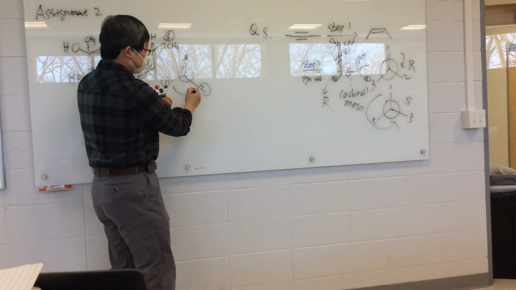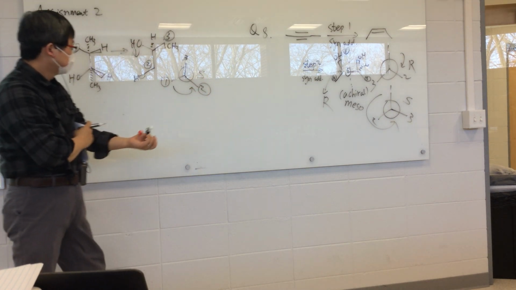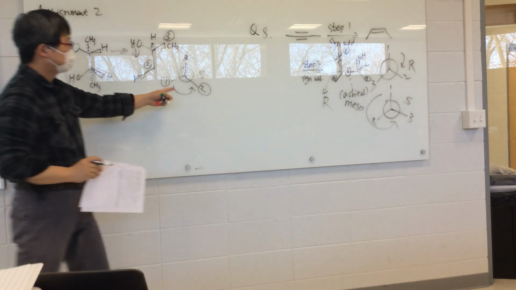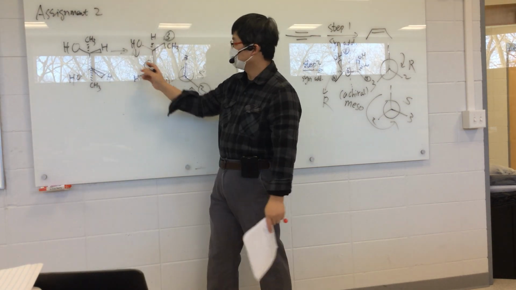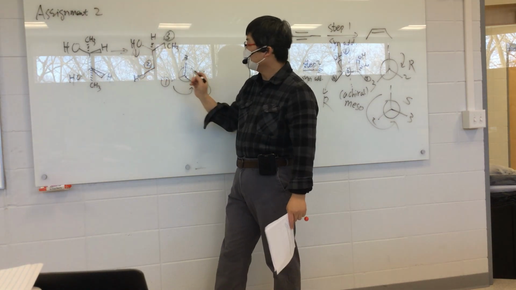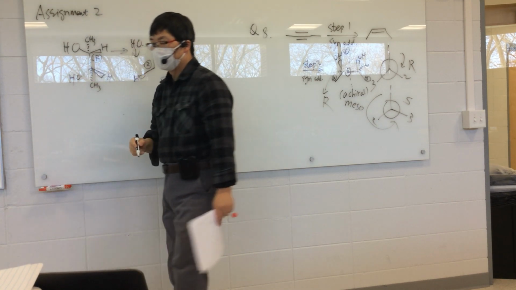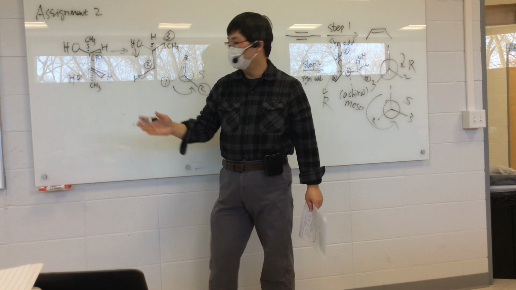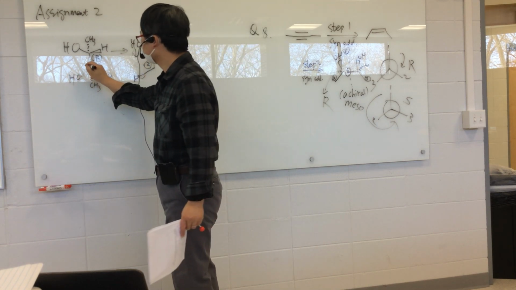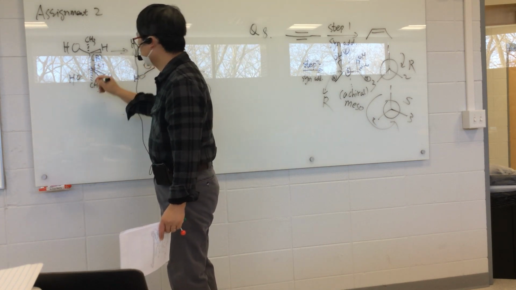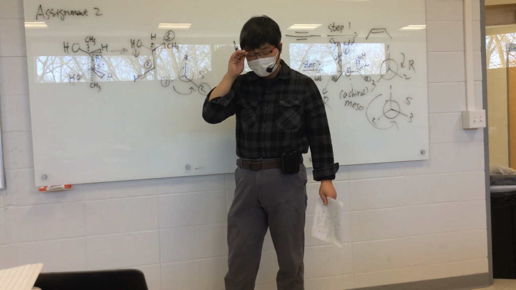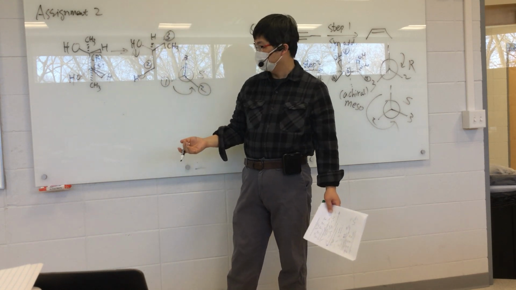So this is S. But then we need to switch back because we did a switch here. This is S, so then this must be R. And according to the symmetry, this other one must be S. But we can also double check.